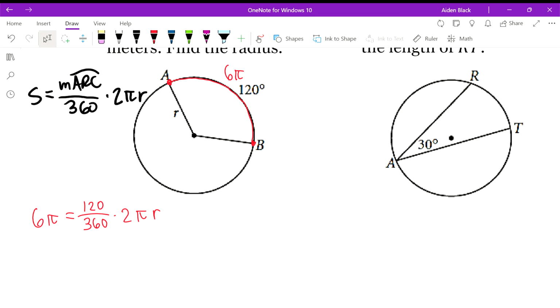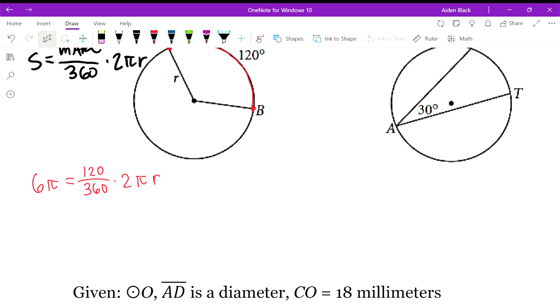So here, the only variable we have is r. We can solve for r. First of all, I want to reduce 120 over 360, because we know already from a previous question, this reduces to 1/3.